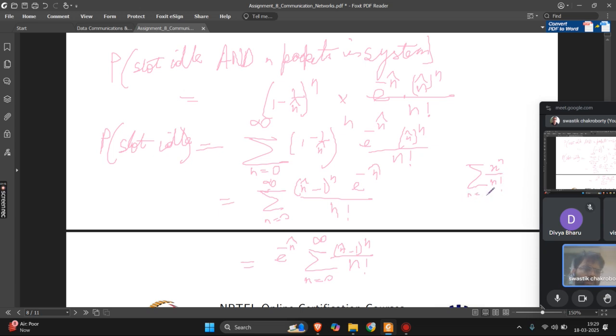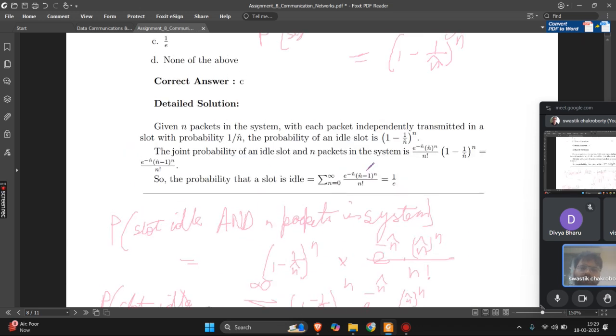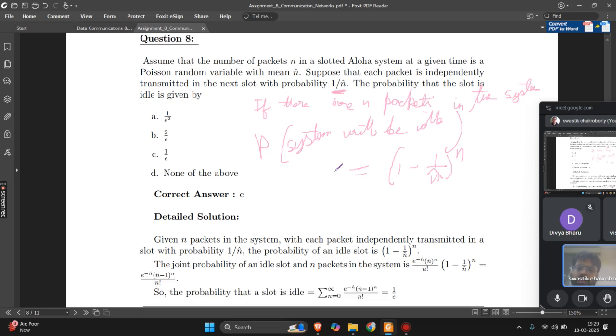Summation x to the power n by n factorial is nothing but e to the power x. So summation n hat minus 1 to the power n by n factorial is e to the power n hat minus 1. So e to the power minus n hat into e to the power n hat minus 1. So this will become e to the power minus 1. So 1 by e. The correct answer is 1 by e. Option C.